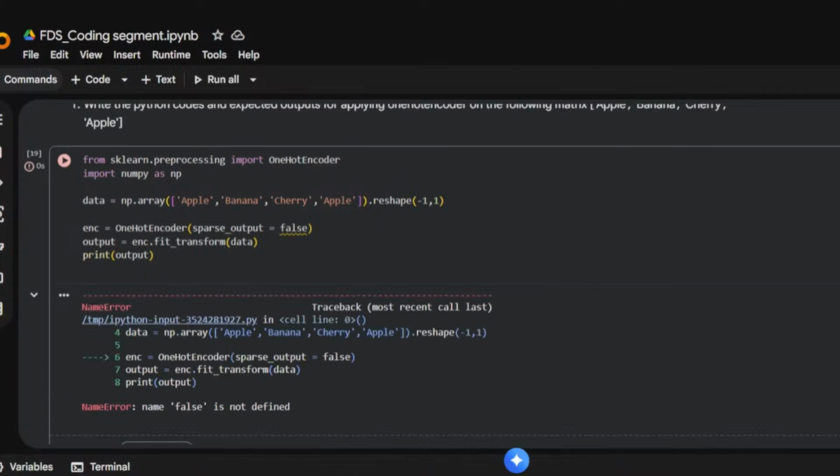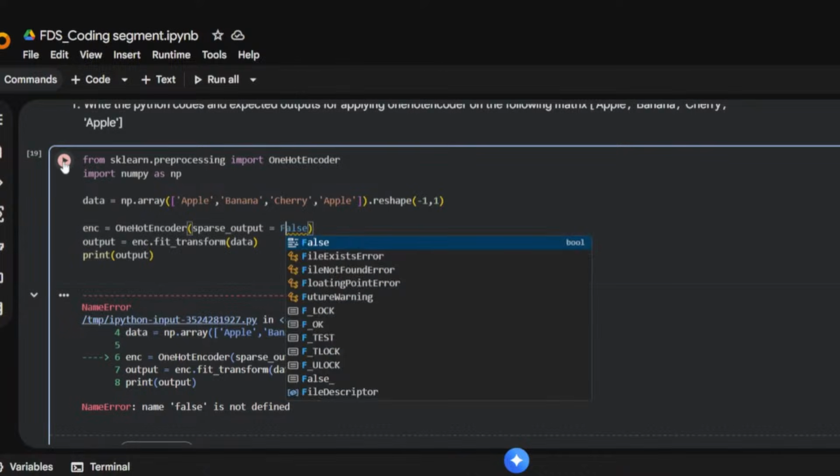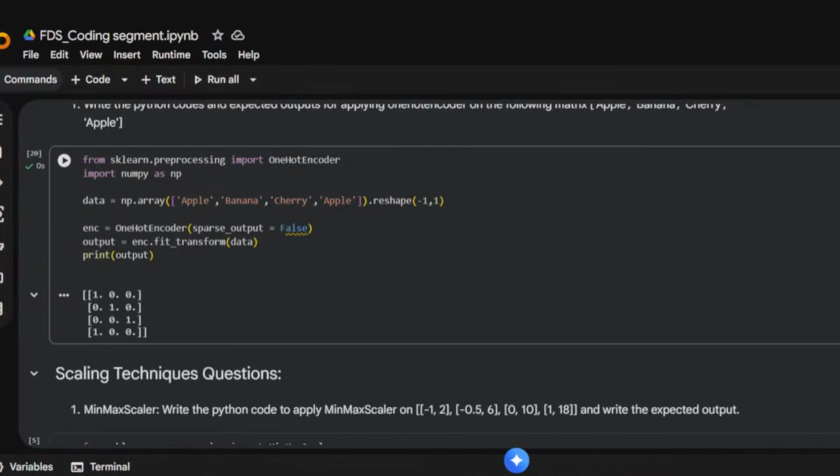Since you have apple, banana, cherry, and apple, your unique values are apple, banana, and cherry. So each of them will get a column according to your ASCII value itself. Apple will be your first column, banana will be your second column, cherry will be your third column.